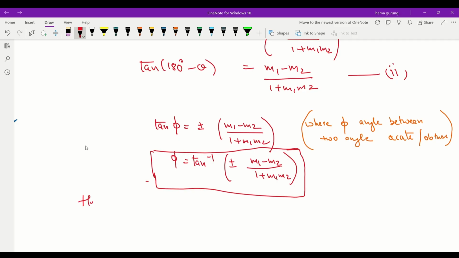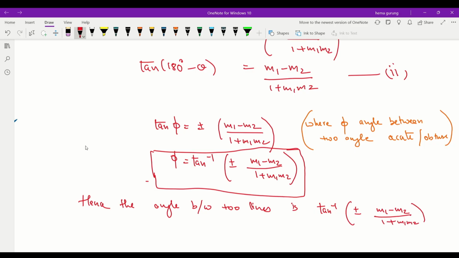Hence, the angle between two lines is tan inverse of plus or minus (m1 minus m2) divided by 1 plus m1 m2. I'll just highlight the formula.